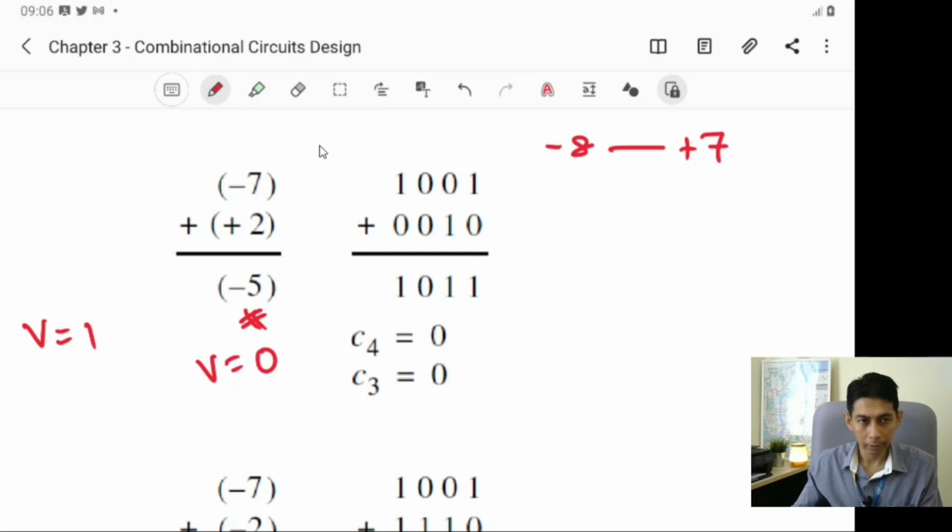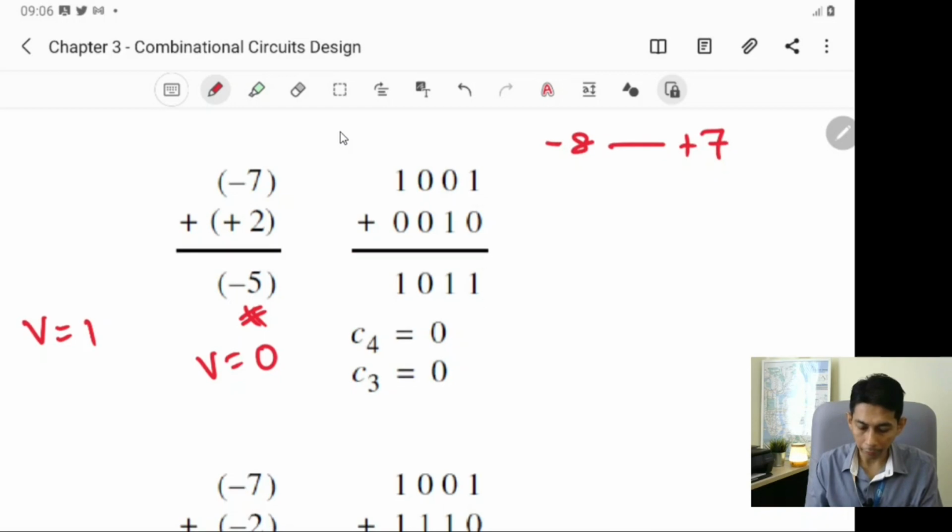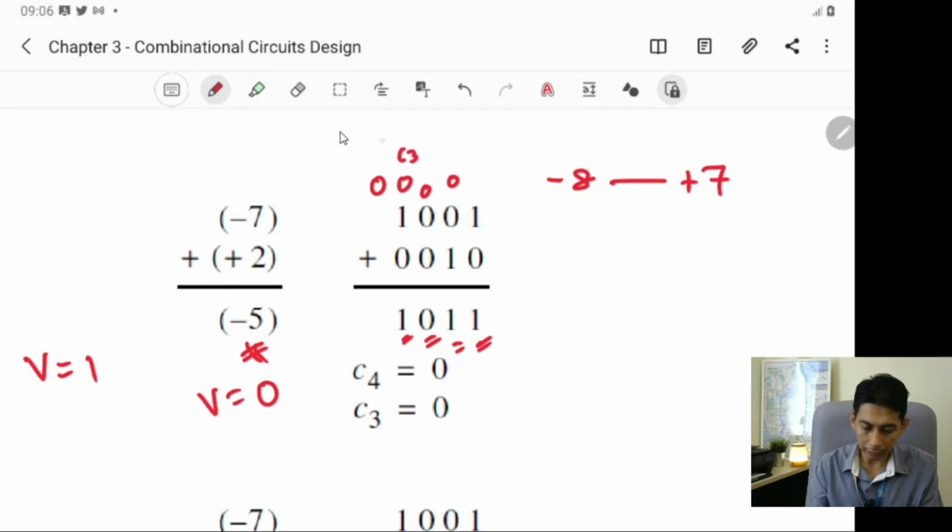All right, so let's do the add. 1 plus 0, we have 1, good. 0 plus 0, and C is 0. 0 plus 0 plus 1, we have 1, and C is still 0. 0 plus 0 plus 0, we have 0. 0 plus 1 plus 0, we have 1, and we have 0 carried. So this is C3, this is C4, and our C3 and C4 equal 0 and 0.